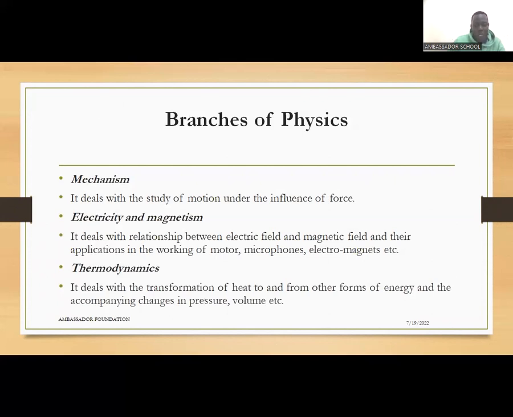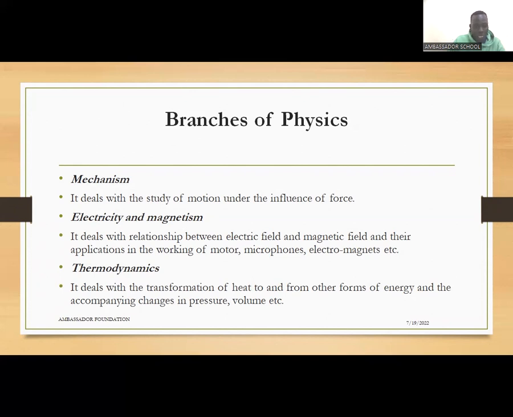We have another one called electricity and magnetism. We have a topic of electricity in Form 1, another one in Form 2, one in Form 3, and Form 4. Magnetism is entirely done as the first topic in Form 2.